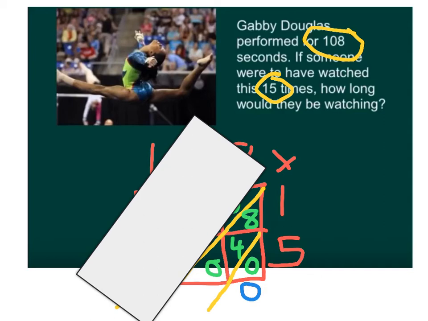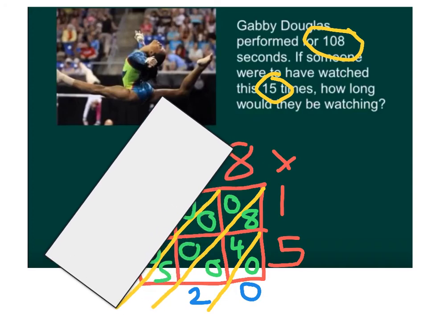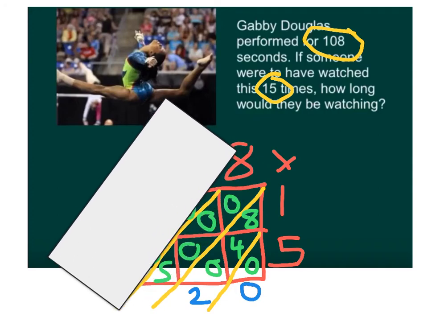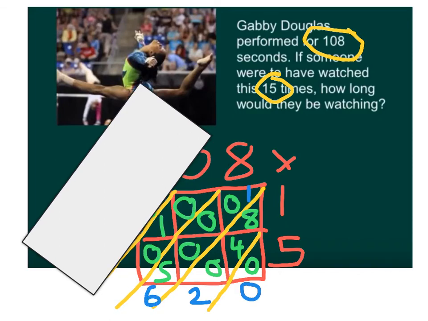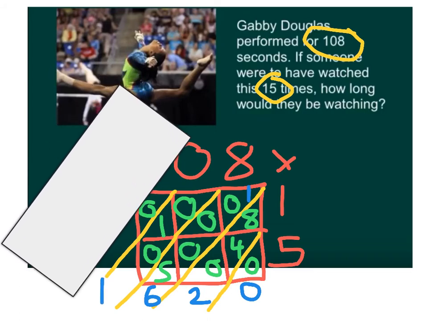Now I know I can only have one digit in each place value, so I'll put my 2 down, and I will carry up my 1 to the next place value. So 1 plus 5 is 6. Going to my next places, I've got a 1. And then finally, carrying this up, I've got a 0 there.